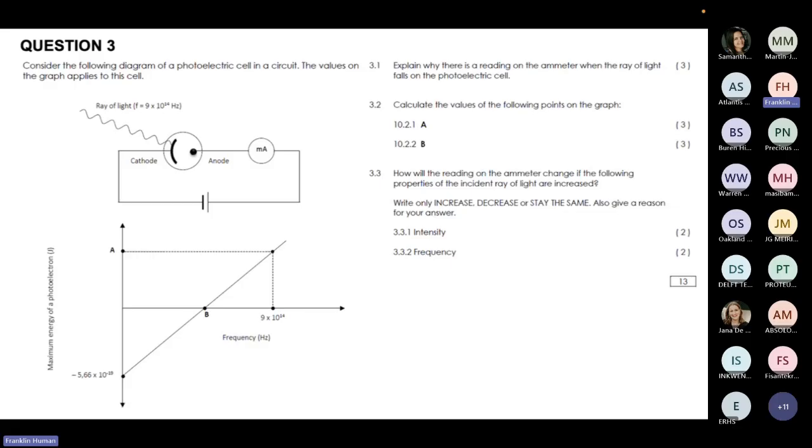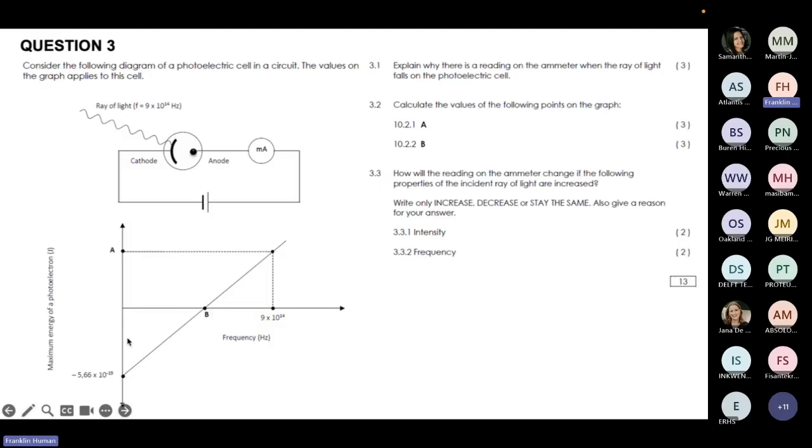We know that if the energy in the photon of that light is at least equal to the threshold frequency for the electrons to be emitted from the surface of this metal, electrons will be emitted, and those electrons will move between these two electrodes from the cathode to the anode. And we know that movement of electrons in a circuit will give you current, right? And then there's the graph associated with that as well.